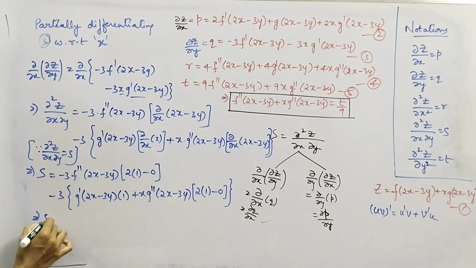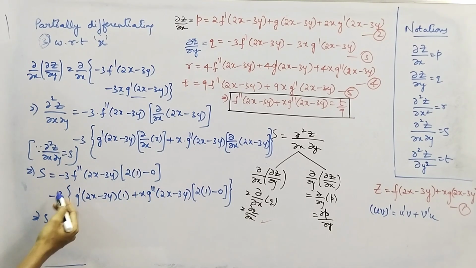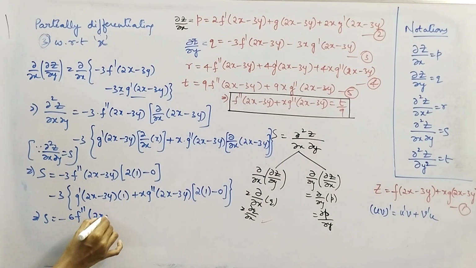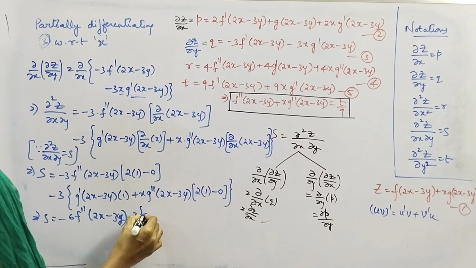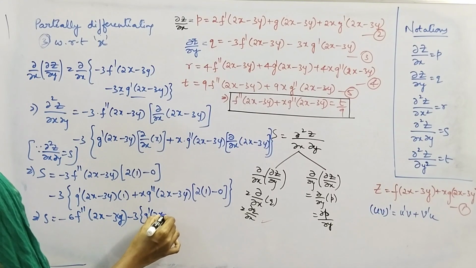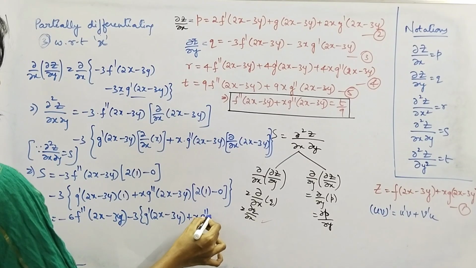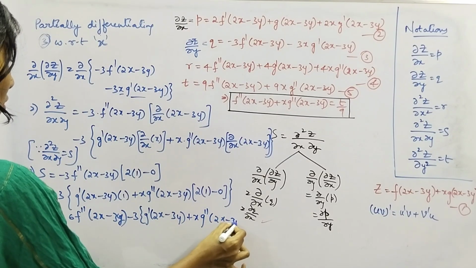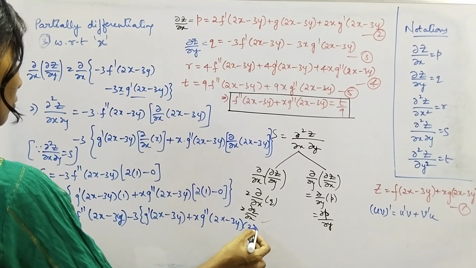This gives us s equal to 2 into 1 is 2, 2 minus 0 is 2, 2 into -3 is -6, so -6 f''(2x-3y), minus 3 times g' into 1 is g'(2x-3y), plus x into g''(2x-3y) into 2 times 1 is 2, 2 minus 0 is 2.